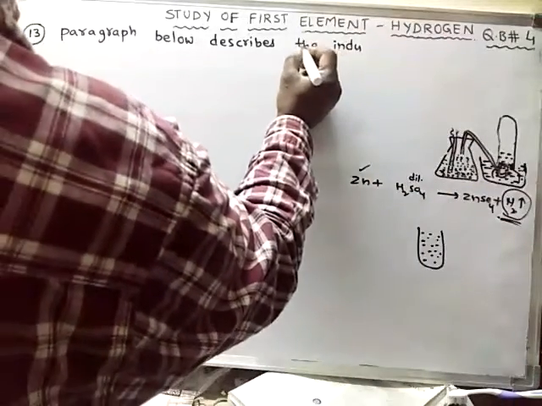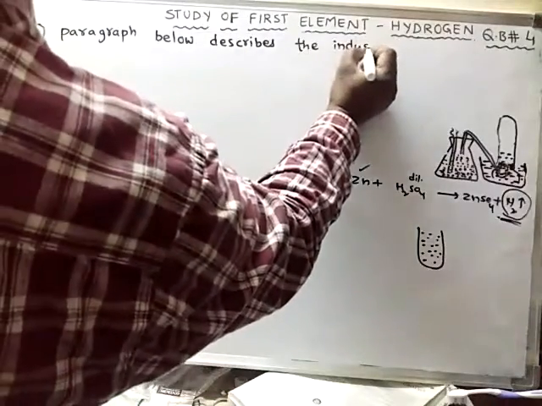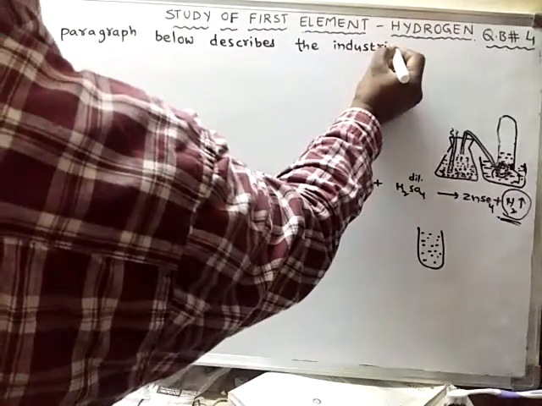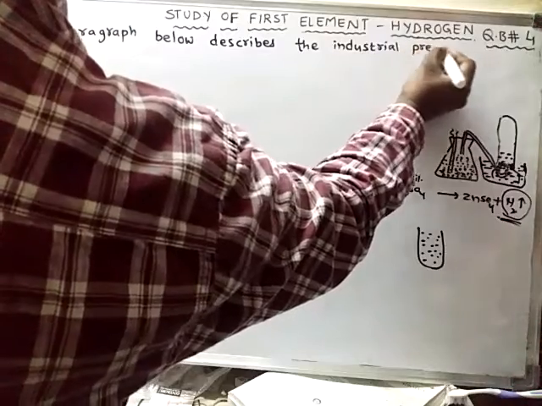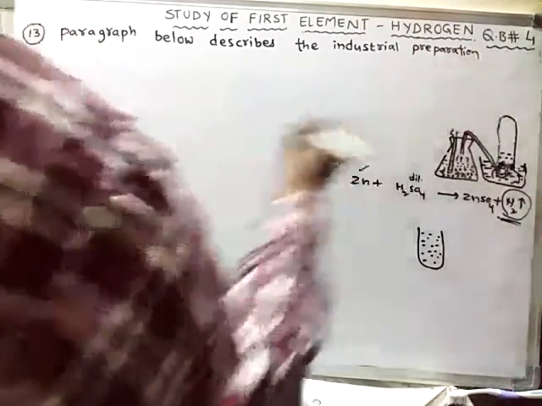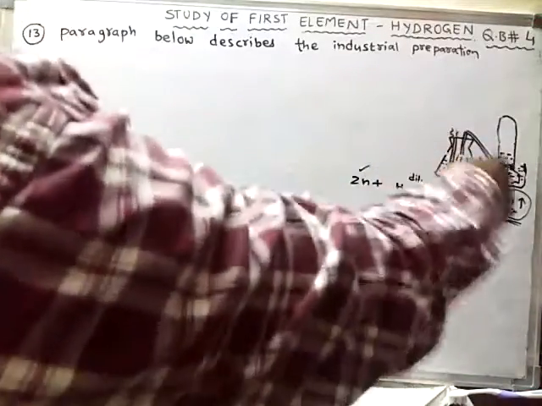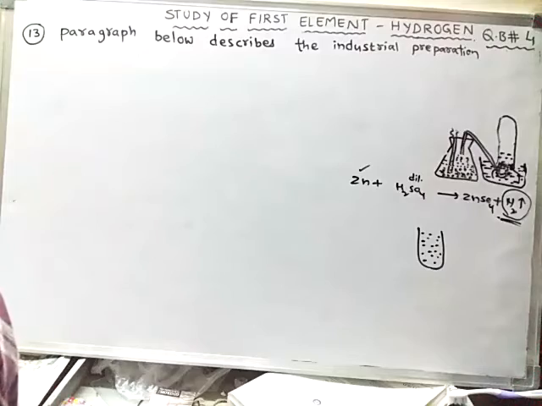So now this question is related to industrial preparation. For industrial preparation, there is no need of using this diagram. This diagram is the laboratory preparation of hydrogen.